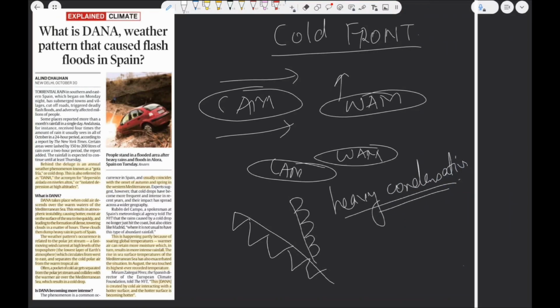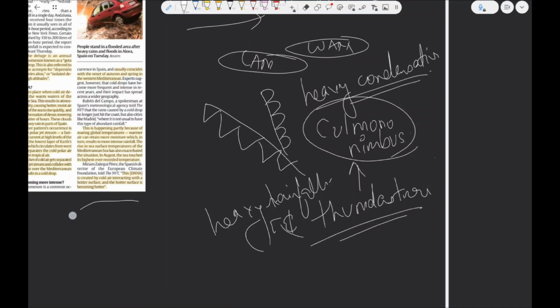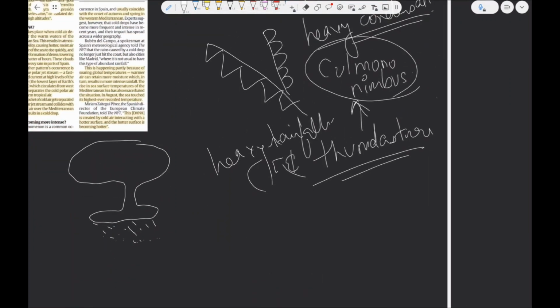Due to this heavy condensation, a cumulonimbus cloud is formed. A cumulonimbus cloud is associated with thunderstorms and heavy rainfall. Once the cumulonimbus cloud is formed, it will give away heavy rainfall, and this is the whole phenomenon of how a cold front is formed.